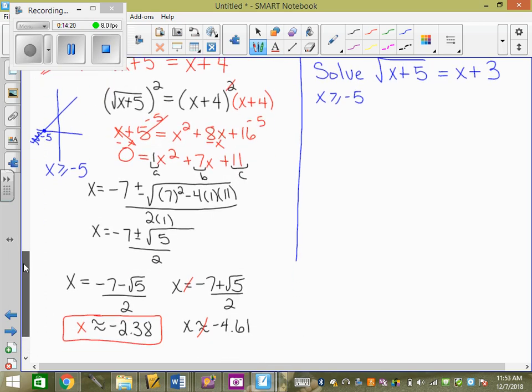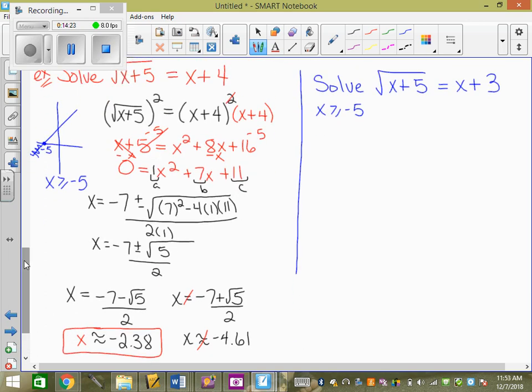Okay. Let's solve out this one. So we're going to get square root x plus 5 squared equals x plus 3 squared. Cross that out, write it again. These cancel.